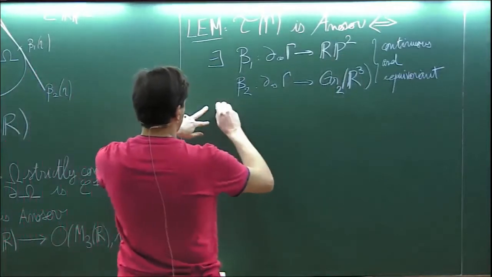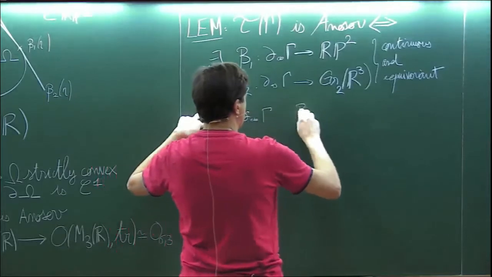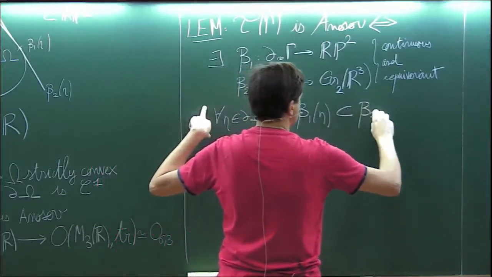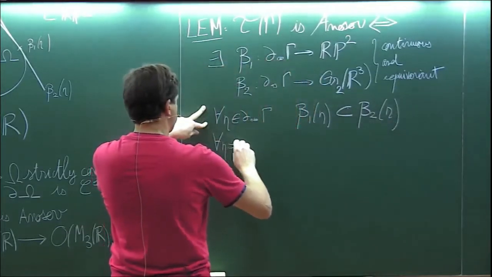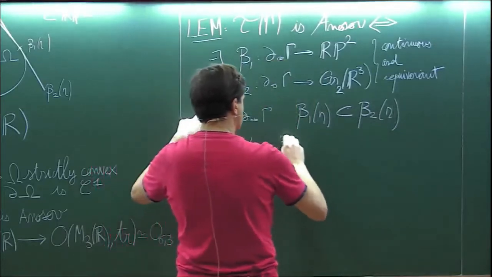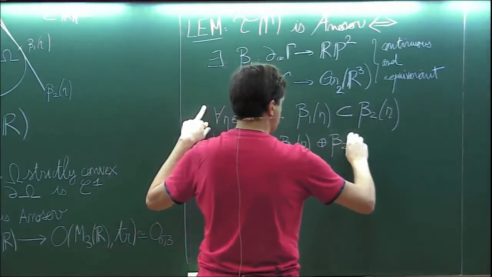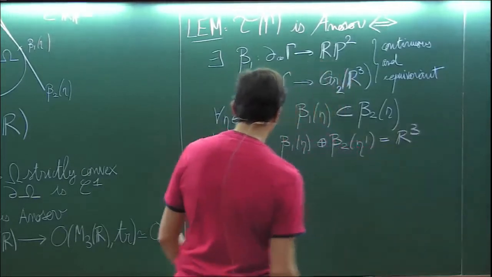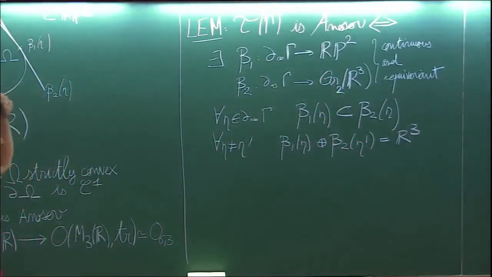The first is: for every point eta in the boundary, the line beta 1 of eta is contained in the two-plane beta 2 of eta. And for every pair of distinct points eta and eta prime, the line beta 1 of eta is in transverse position with the two-plane beta 2 of eta prime. And the last conditions are with respect to the dynamics of the action.